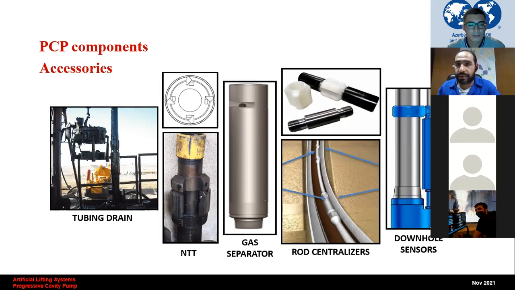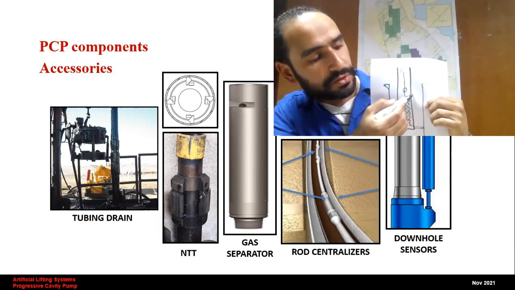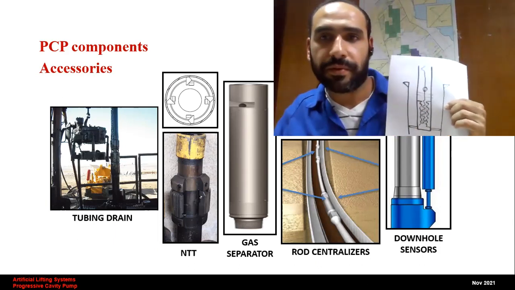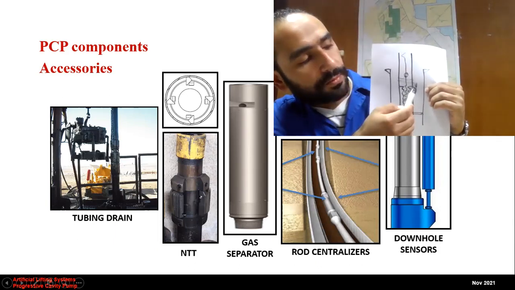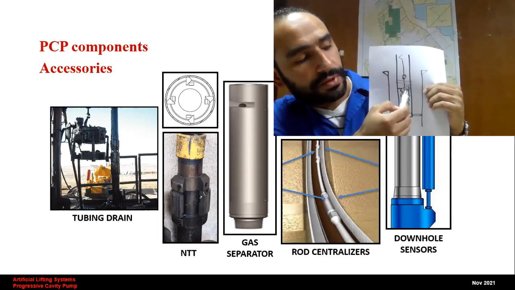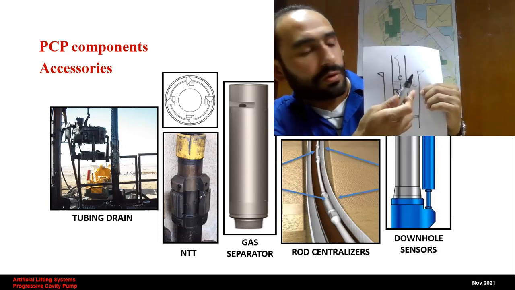Downhole sensors. Those are the smart tools used to monitor the downhole pressures. Normally, there will be one port here to sense the pressure inside the annulus. Normally, downhole sensors will be installed just above the pump to measure the pressures at the pump discharge and also almost at the pump intake.